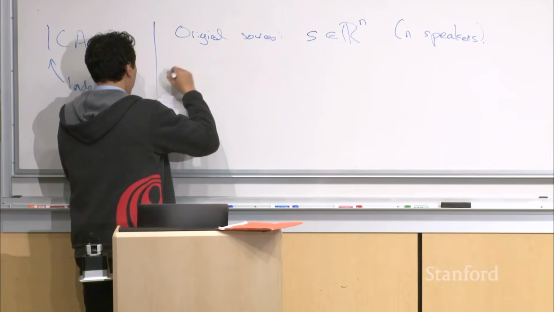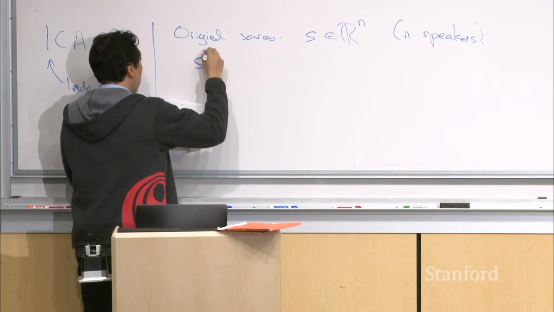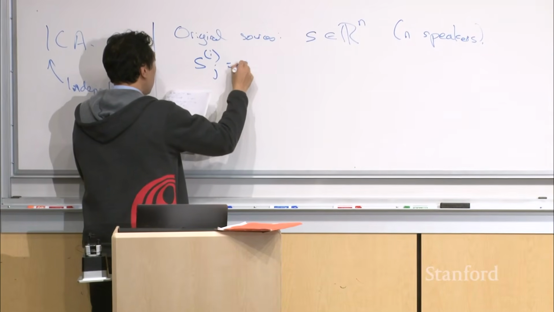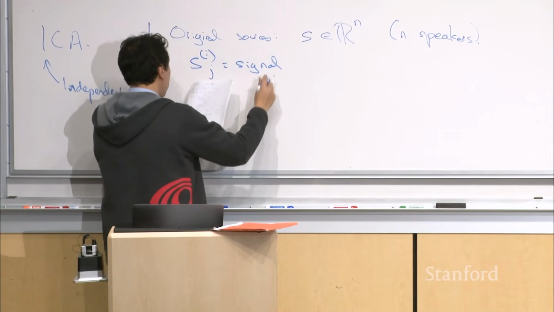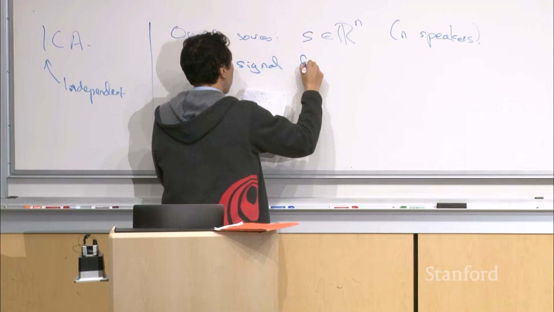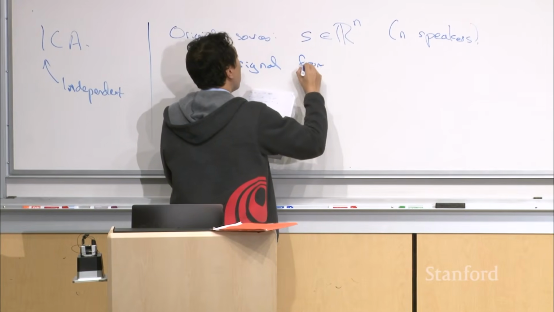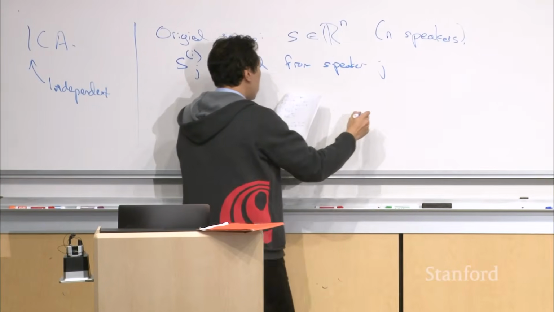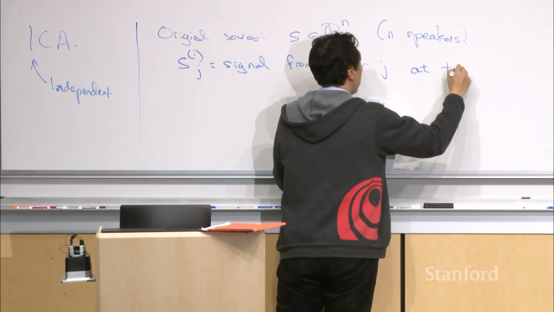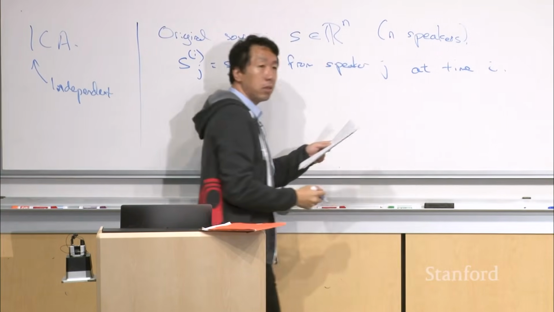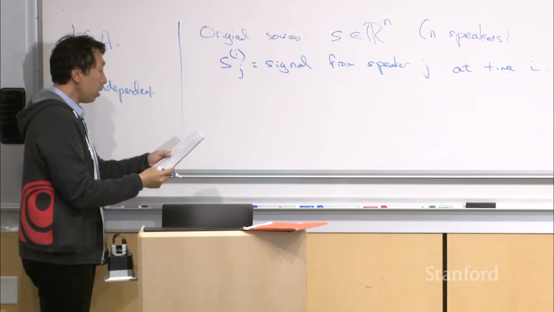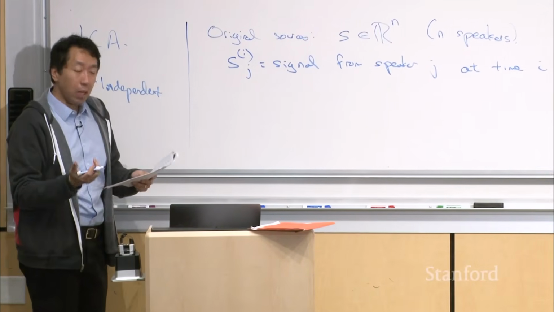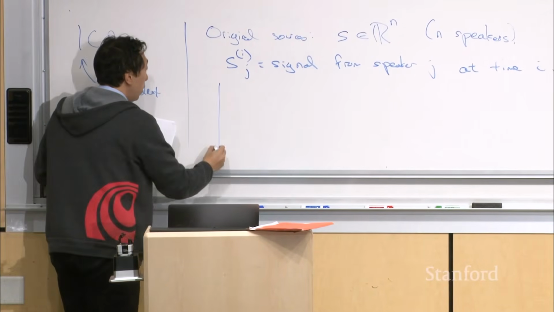And so S_ij is equal to the signal from speaker j at time i.